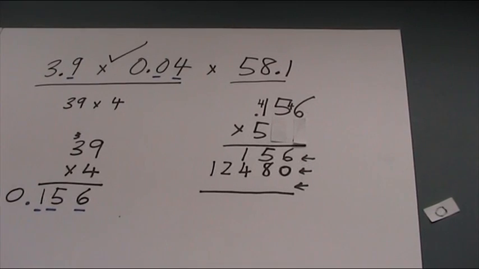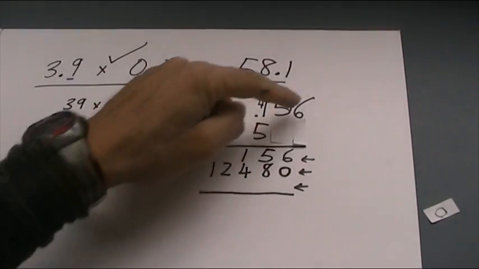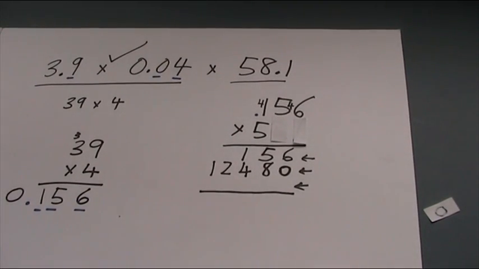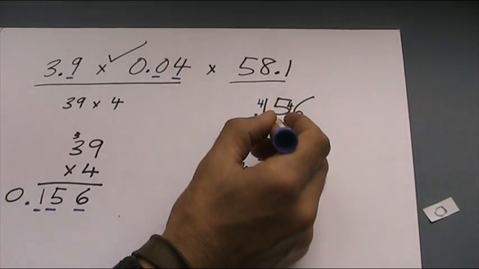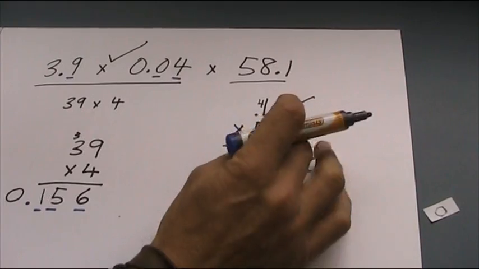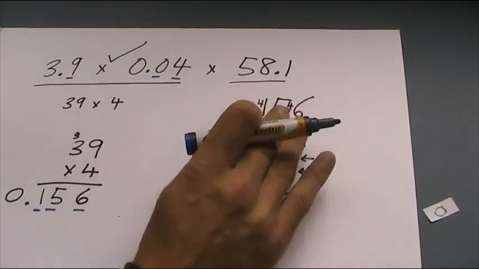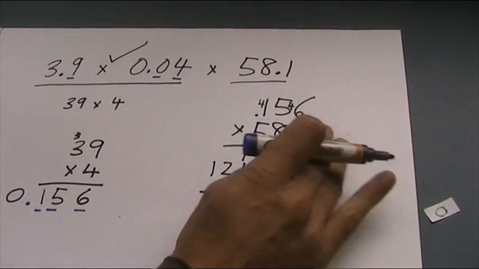I'm going to do this in a different colour. So 5 sixes are 30. Oops, before we do that, we've got to realise that this number here is actually 500. 581.